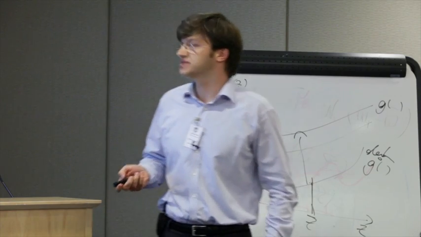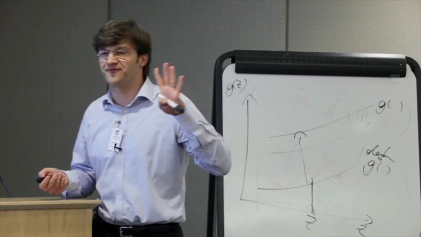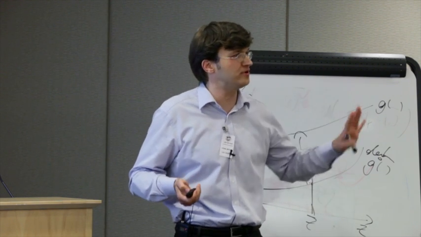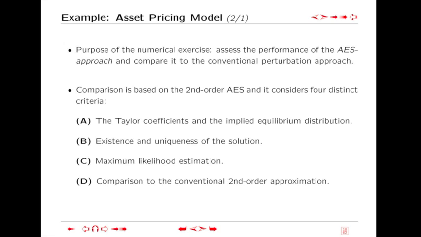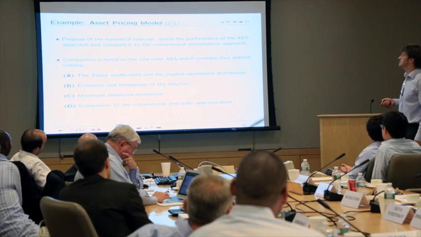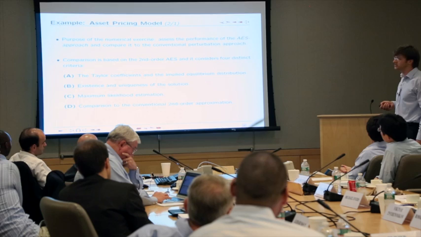And I would like to take this opportunity to make 4 statements, to show 4 implications of this setup. I would like to look at the Taylor coefficients and the implied equilibrium distribution for my linear solution compared to the conventional one. I would like to show you the implications for judging existence and uniqueness of the solution.